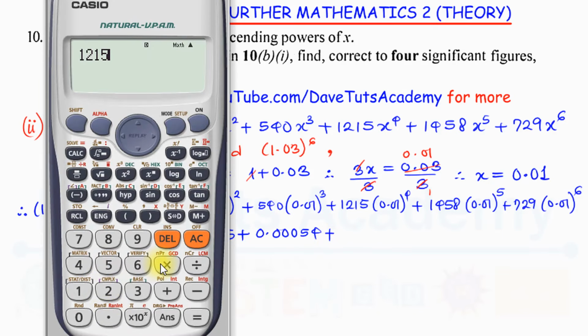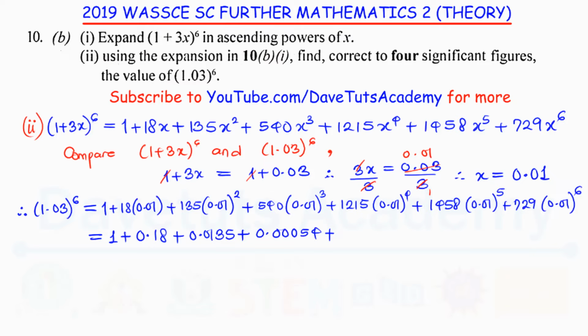Plus 1215 times 0.01 raised to the power 4, so 1.215 times 10 raised to the power minus 5. So I have decimal places in 5 places, and then I can write 1215. Plus, just be careful in expressing this out.